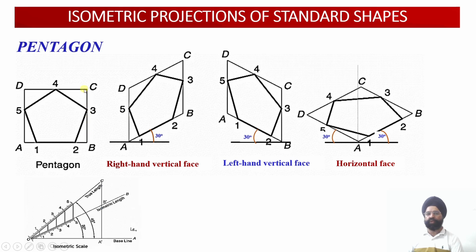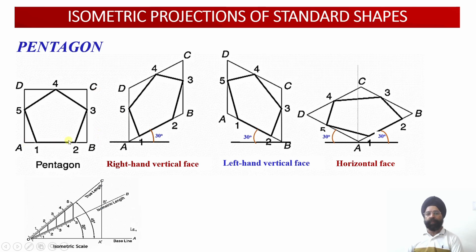This will not be a square. A pentagon can be inscribed into a rectangle. This dimension AB will be the bigger dimension of this rectangle, and BC will be the shorter dimension of this pentagon.